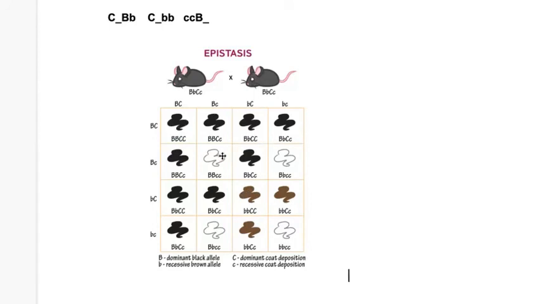If you have two little c's, you are lacking the allele to produce the activator protein to allow the B gene to be expressed. So you're going to get albino, regardless of what your B alleles are. And so you really only get 3 colors. And B is not fully expressed unless the dominant C allele is present.